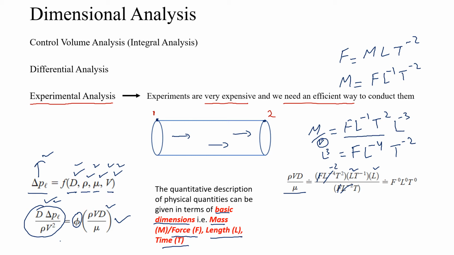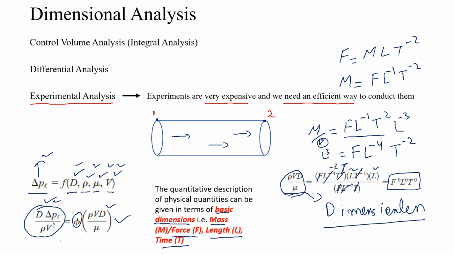This T squared will remain as T, and T into T to the power minus 1 will cancel out. So we will be left with these terms, which means the combination of these variables is dimensionless. I have combined these variables as such, so they became dimensionless.